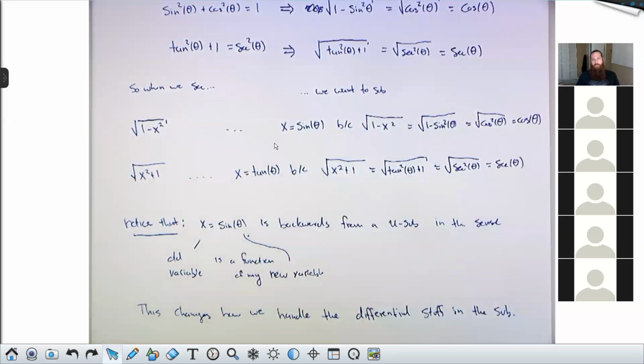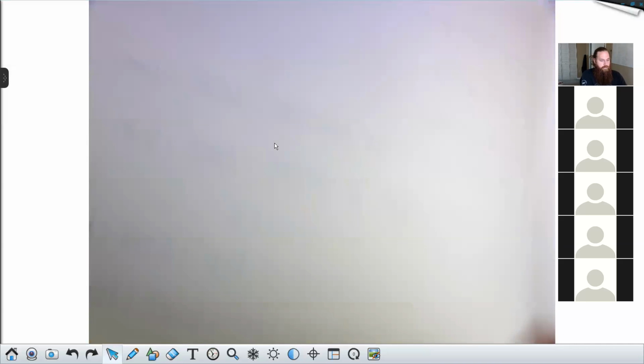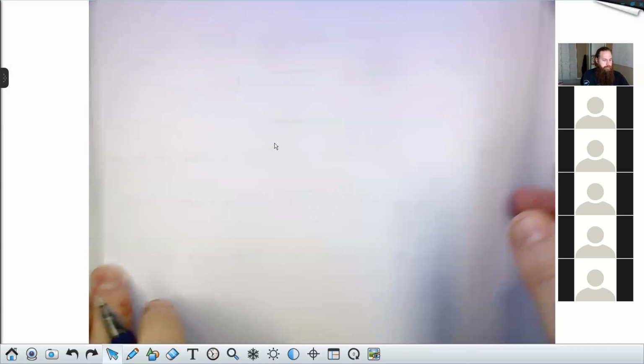Normally when I make a substitution, a z sub or a u sub, I have to have the appropriate piece floating around in my integral to soak up the du or the dz. Like if I want to substitute for x squared, I need an x dx already in my integral. Here, I'll show you how it goes. It's actually much simpler.